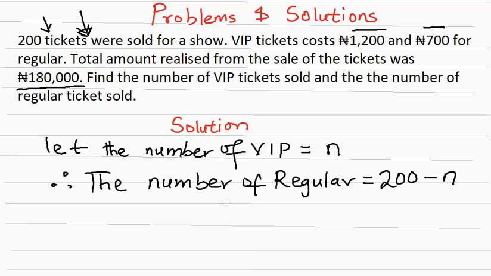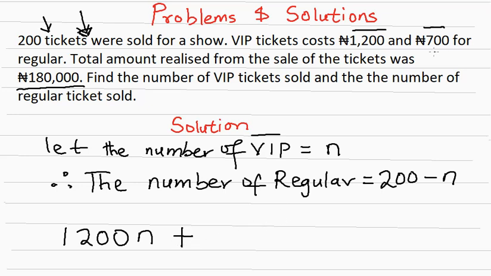You know very well that the total amount realized from selling VIP tickets is equal to the amount for each, 1,200, multiplied by the number of VIP tickets, plus the total amount for regular tickets.